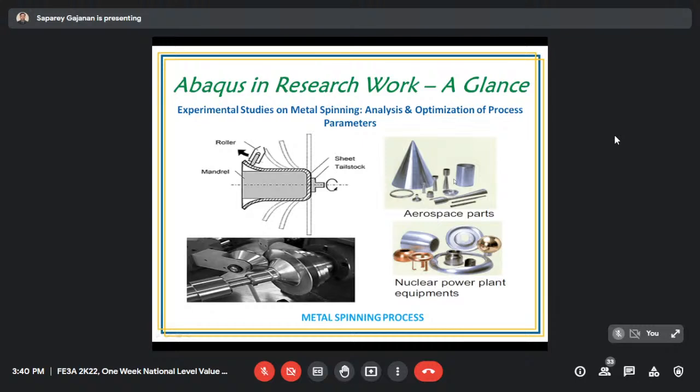The purpose of using the FE tool is this: when you deform the material from the initial raw material shape to the final shape, some internal properties of the material may be affected or slightly deviated. For example, the initial strength and final strength of the material: whether it has undergone some hardening, or whether stresses have developed after formation.